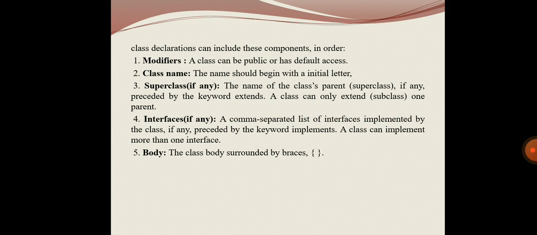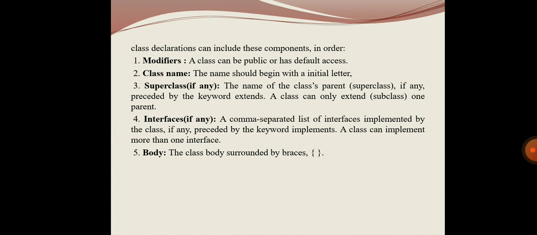Okay, next. In the class we will have a modifier. We have already learned about modifiers, that may be public, protected, private or default access. And the class name begins with an initial letter. Then a superclass can also be used, that is, using the keyword extends we can inherit the properties of the parent class.